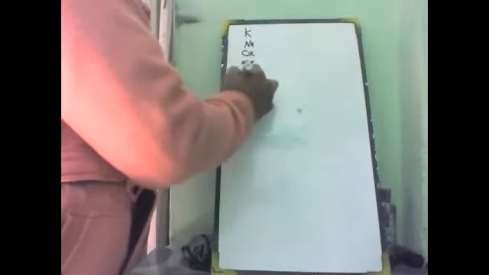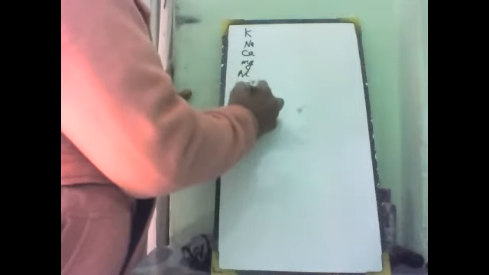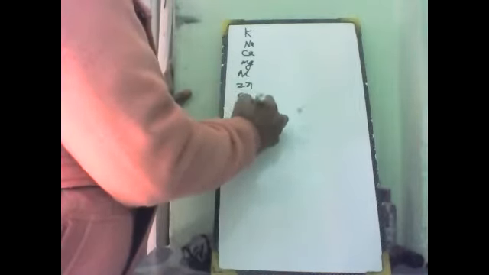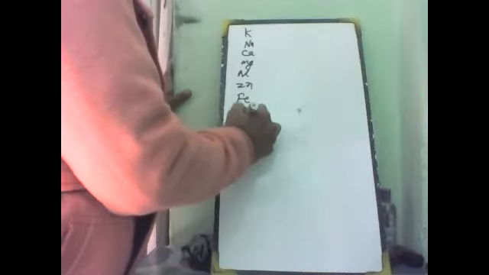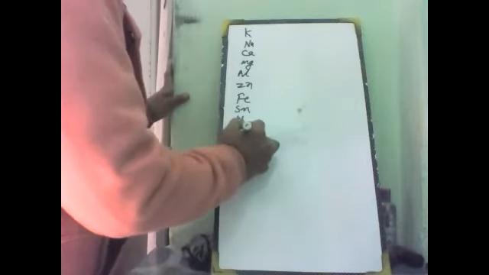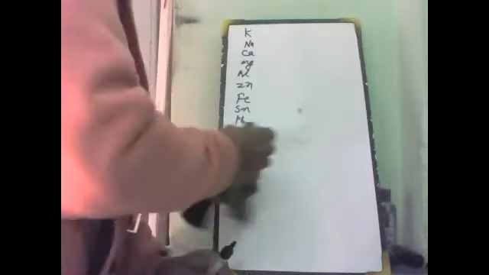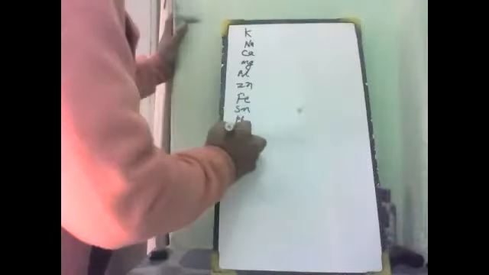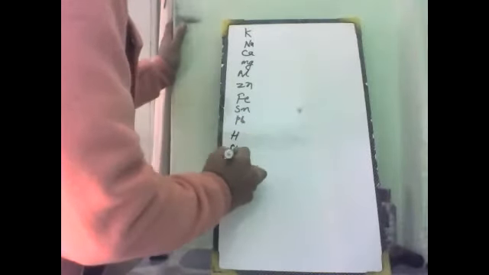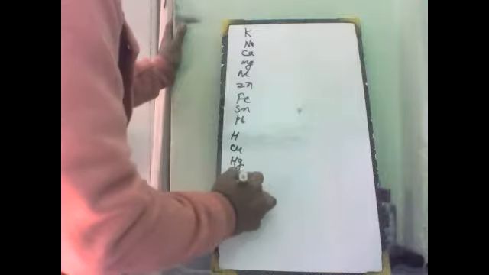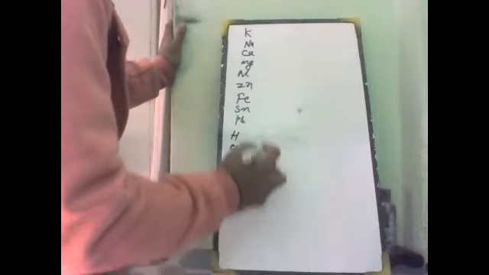Magnesium, aluminium, zinc, iron, plumbum, stannum, hydrogen, copper, mercury, silver and gold.